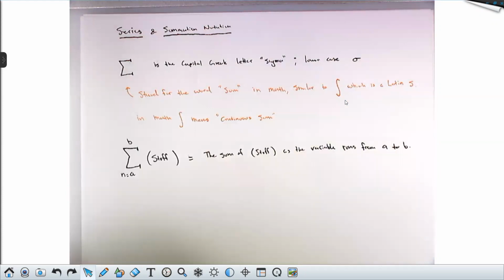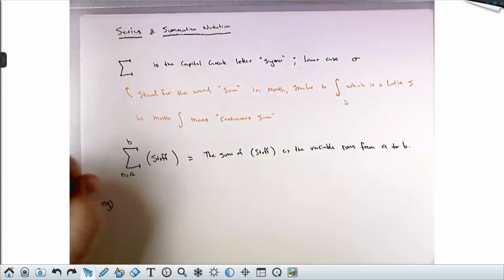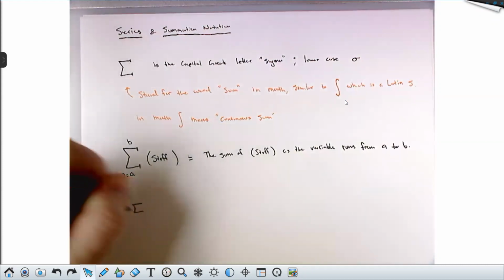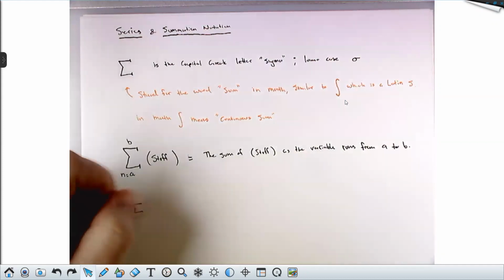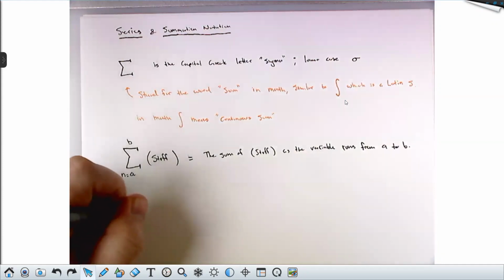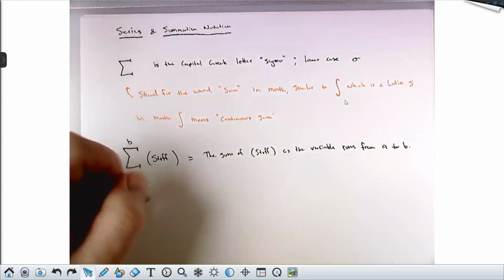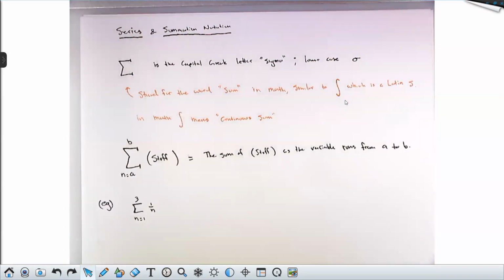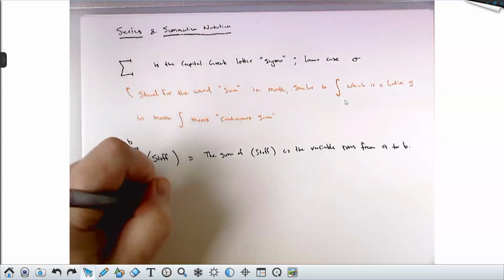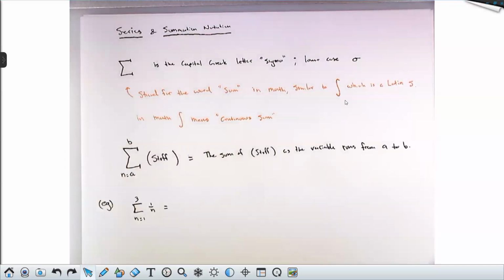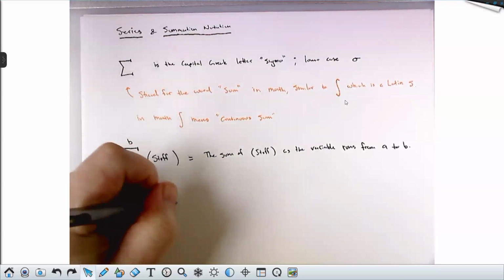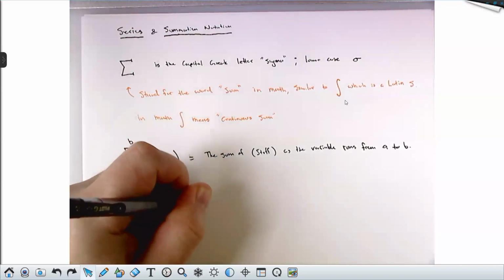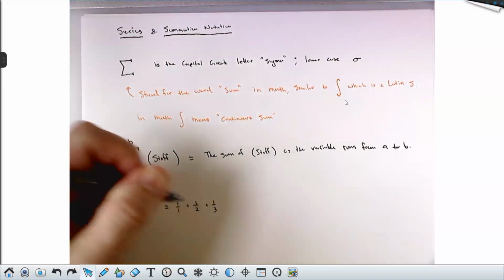So for example, and you'll see my sigmas get a little bit sloppy. If I write sigma n from 1 to 3 of 1 over n, this is just a shorthand for the addition problem 1 over 1 plus 1 over 2 plus 1 over 3.